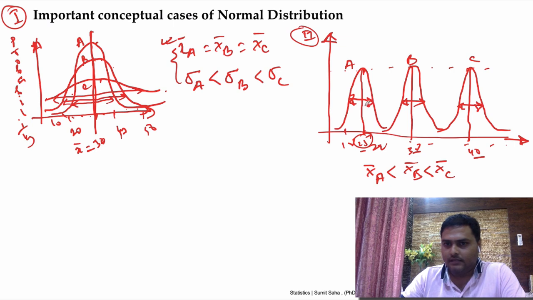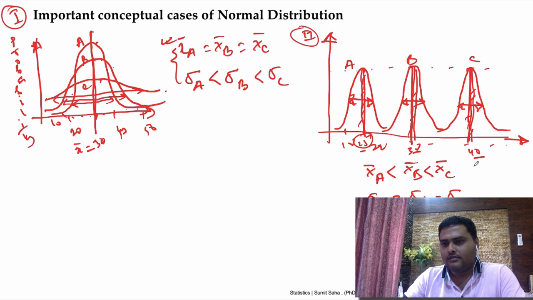The spreading of the data is the same, right? So standard deviation of A is equal to standard deviation of B, which equals standard deviation of C.